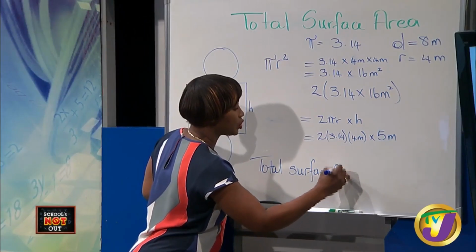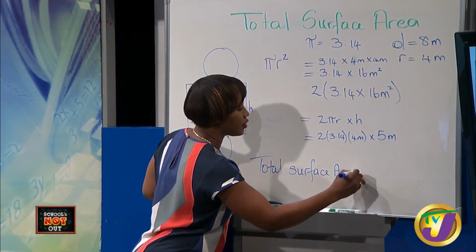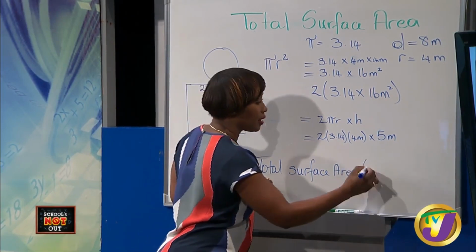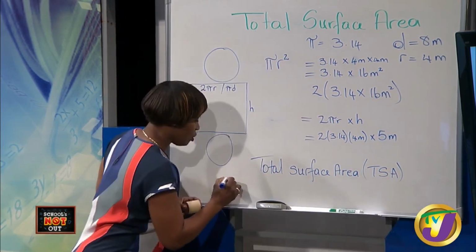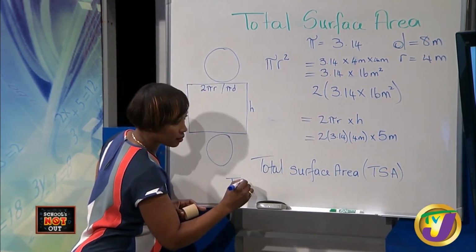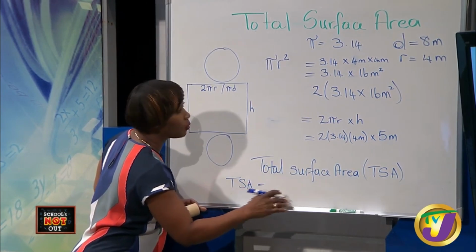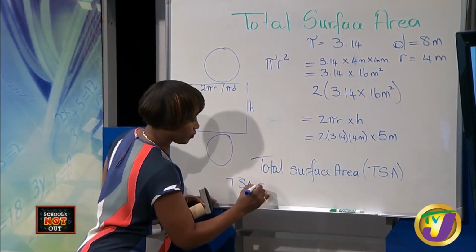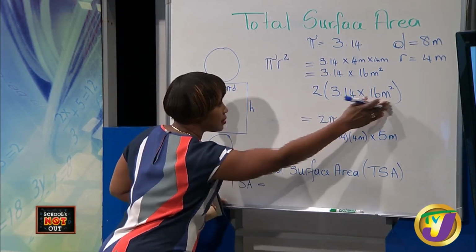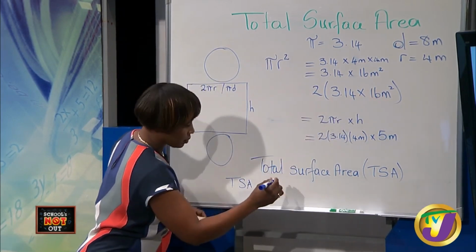There is a shorter way to write out total surface area, which I'm sure you guys are aware of. We tend to write TSA. So where TSA would equal whatever the value of this expression works out to be.